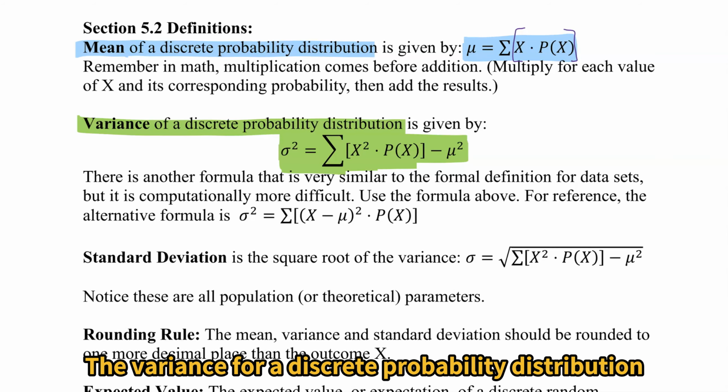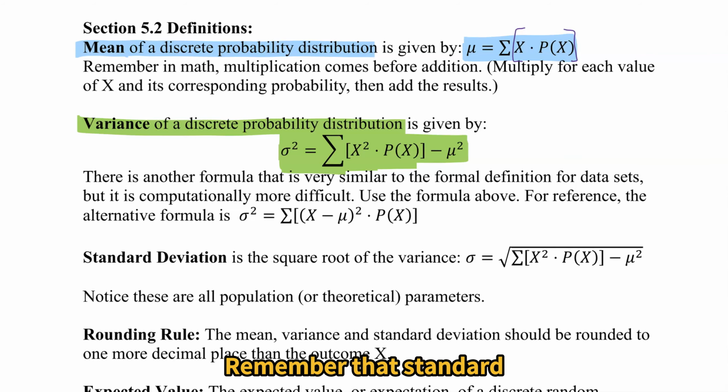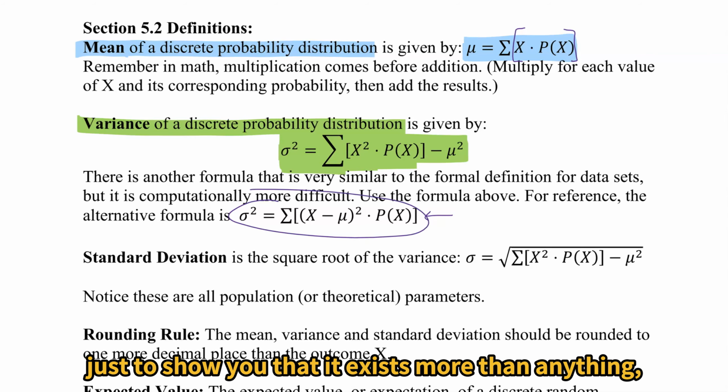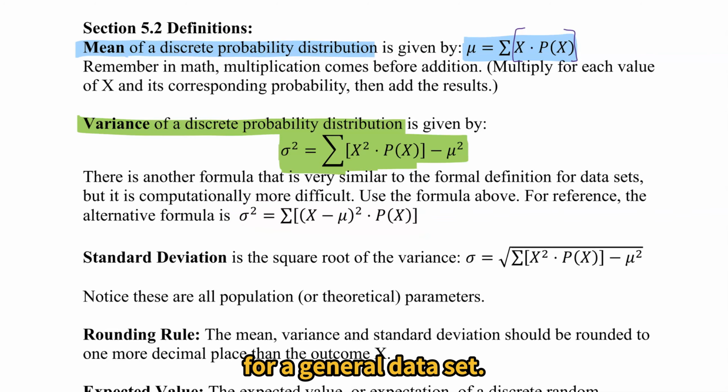The variance for a discrete probability distribution has a formula that's similar to our mean. Remember that standard deviation and variance are average distances away from the mean. So that's why we have that mean in there. I've included this second alternative formula down here just to show you that it exists more than anything, and that it's related to our formal definition for a general data set.